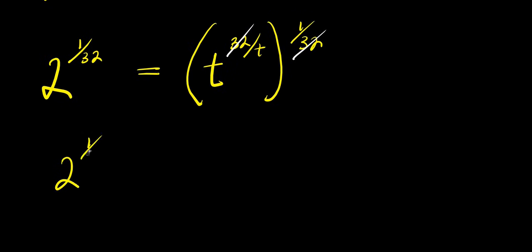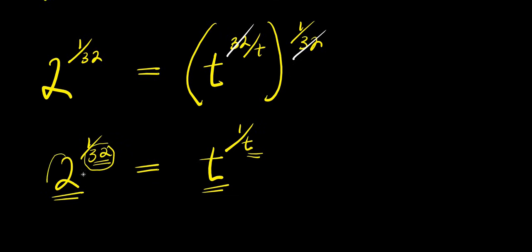2 power 1 over 32 equals t power 1 over t. Now, to solve this, we need to ensure that this and this are the same.